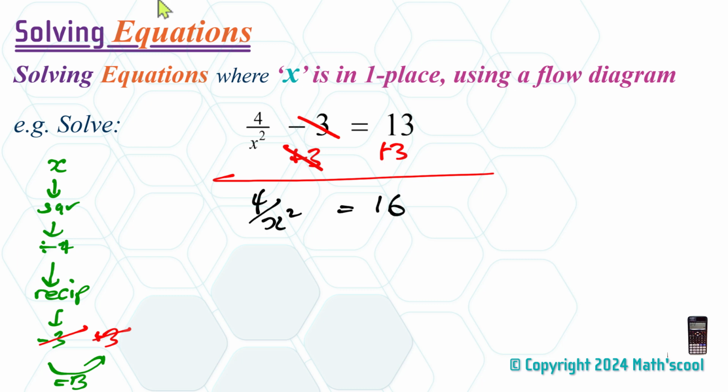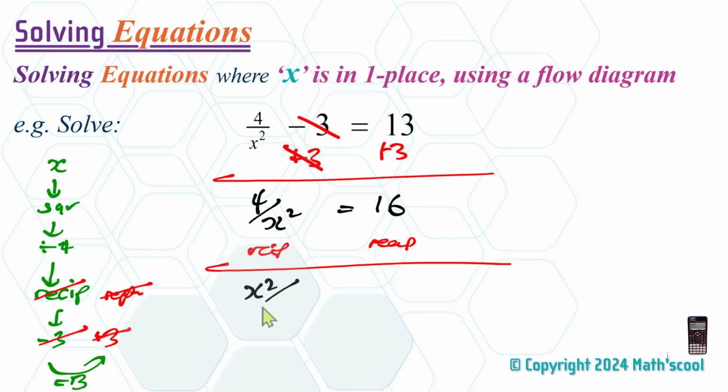And now I'm going to recip both sides. Opposite of recip is recip. I'm going to recip this one and recip this one. So on this side I've got to flip the fraction, so it's going to be x squared over 4, and on this side I'm going to write it as 16 over 1 and then flip it, so equals 1 over 16.